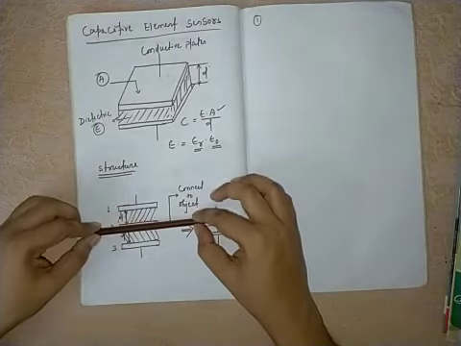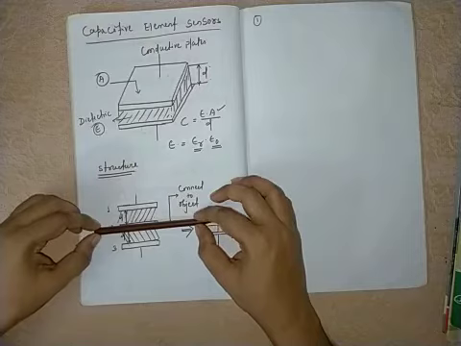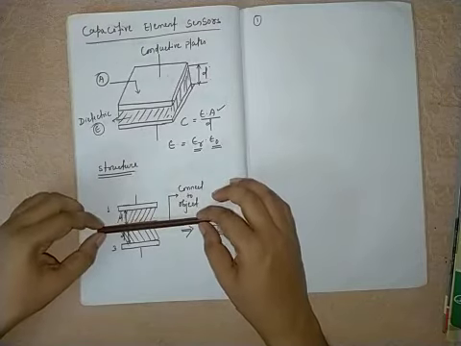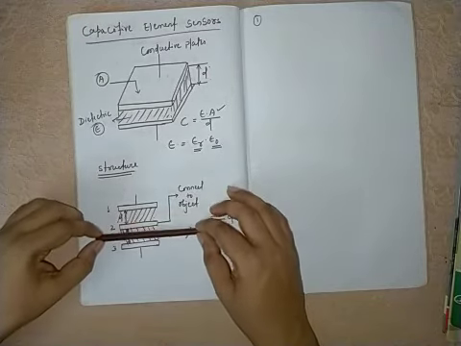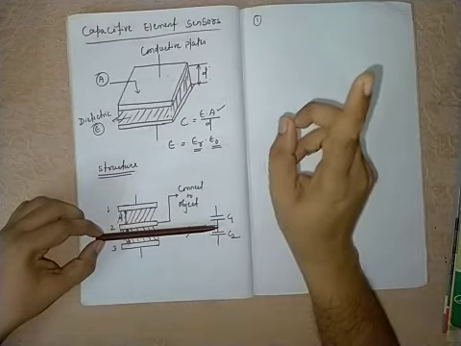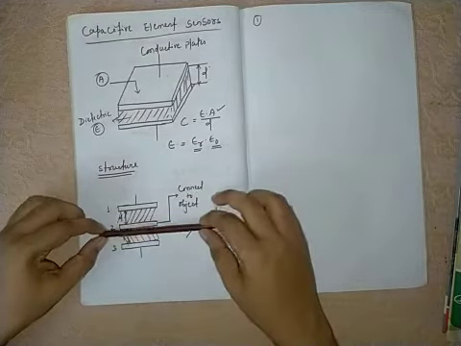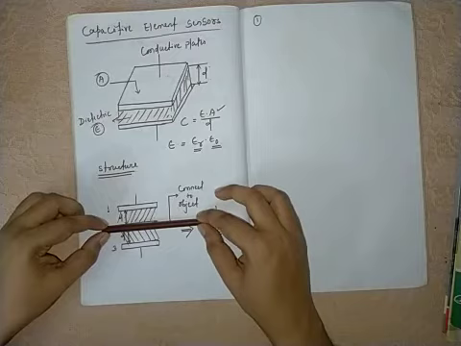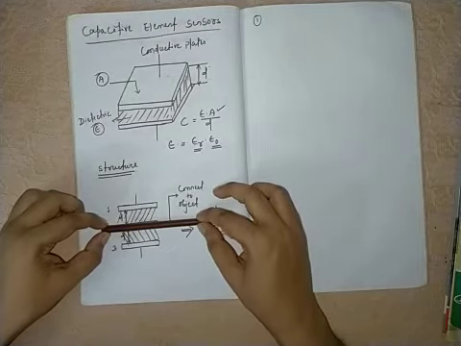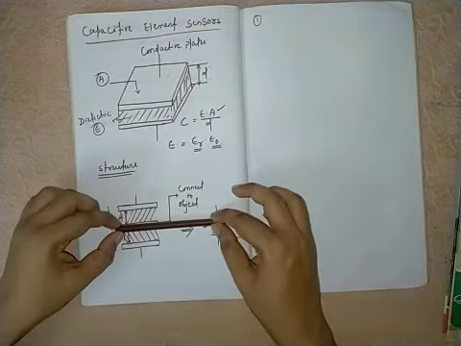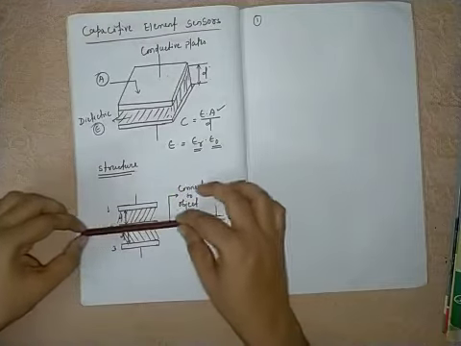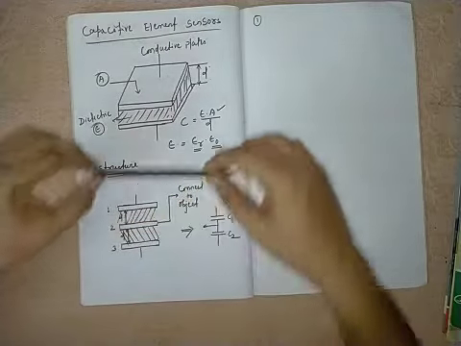Either you change the position of plate number 2 in upward direction or in downward direction. This is the first method. And the second method is either you displace plate number 2 in horizontal direction, in right hand side direction or in left hand side direction.